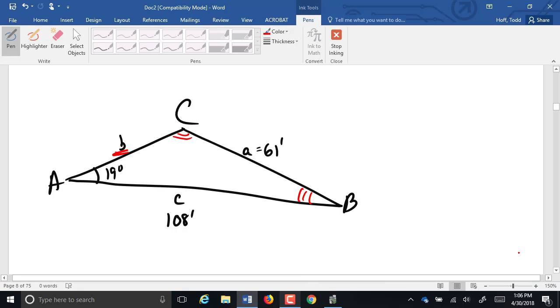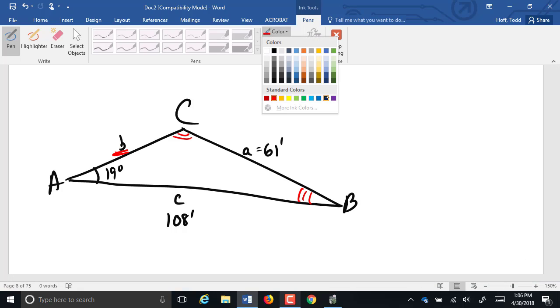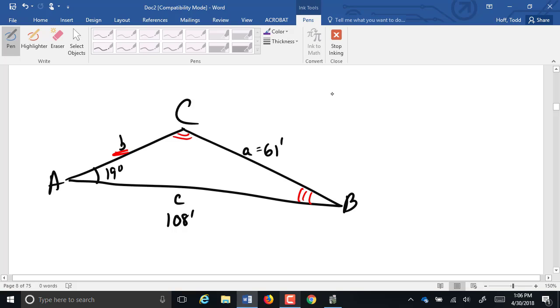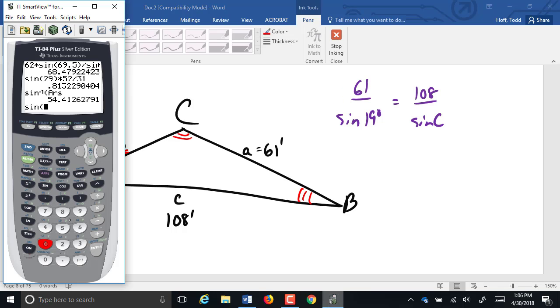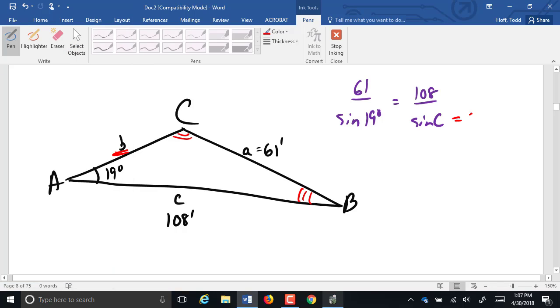Let's see. That's very possible. So we've got 61 over the sine of 19 degrees equals 108 over the sine of C. So sine of 19, make sure you close that parentheses, times 108 divided by 61 equals 0.5764, sorry.